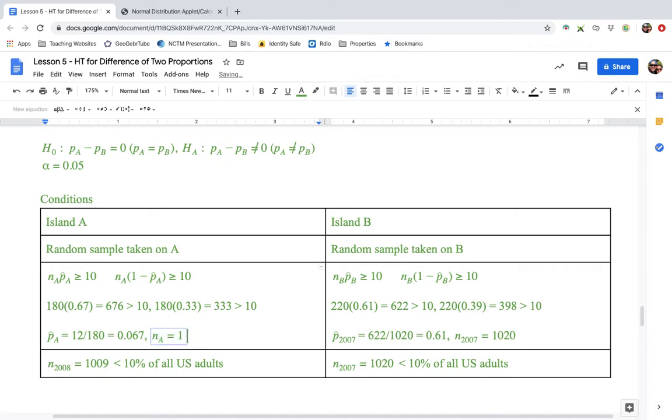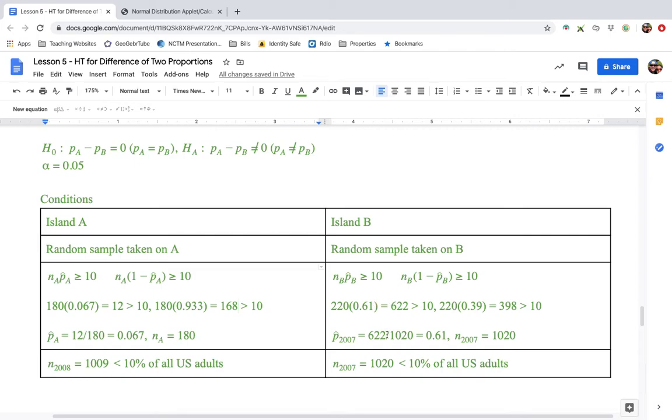We have to take these numbers and check them. So this is 180 times 0.067, and then 180 times 1 minus that, which is 0.933. When you calculate those numbers, you should get about 12 and about 168. They are bigger than 10.